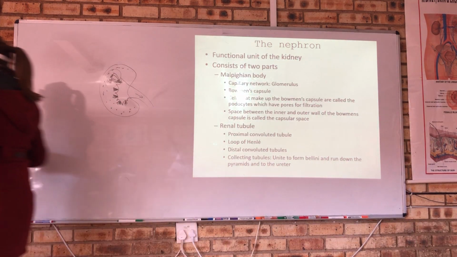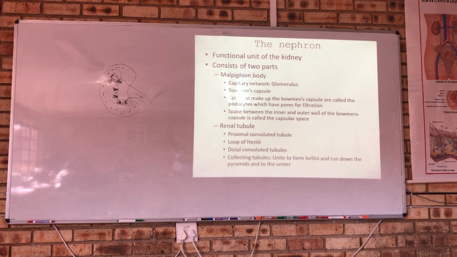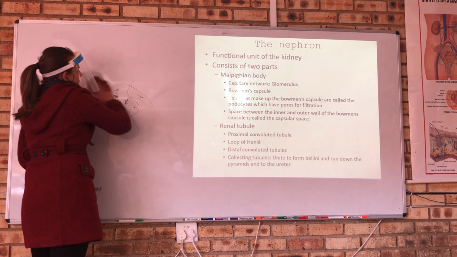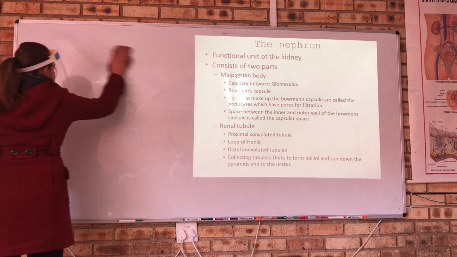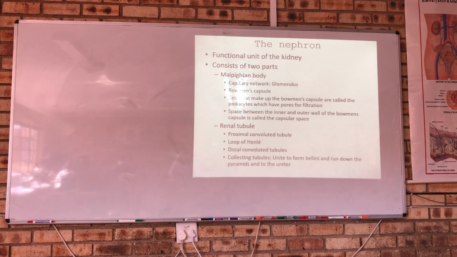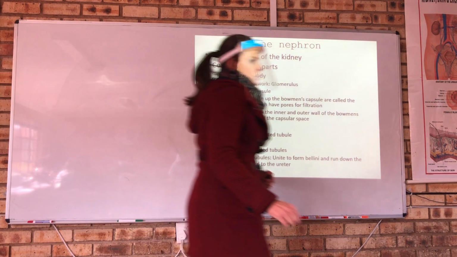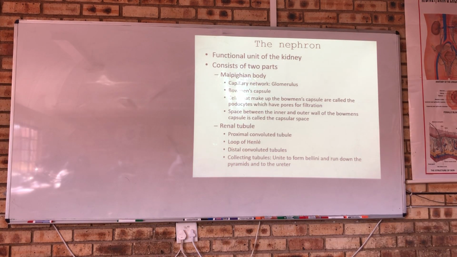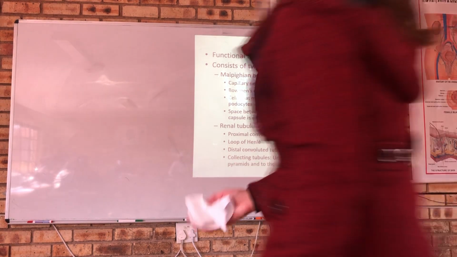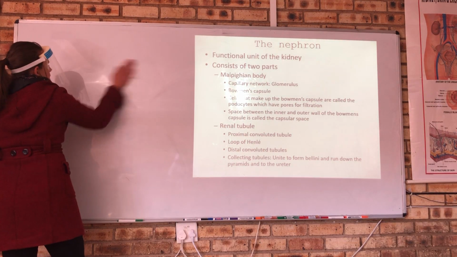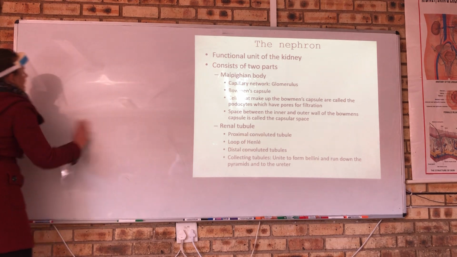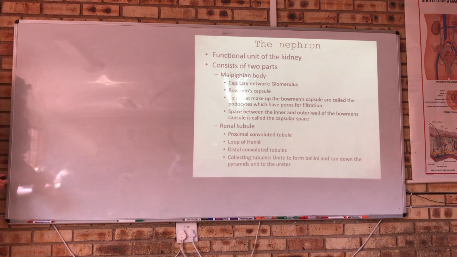So what I'm going to do on the side here is I'm going to draw this so that we can understand exactly what it is we're talking about. Are we all cool? Okay, so this first part is called the Malpighian body, and it's made up of the Bowman's capsule. Now, the Bowman's capsule does exactly what its name says.